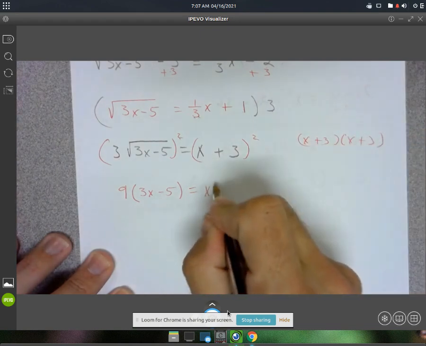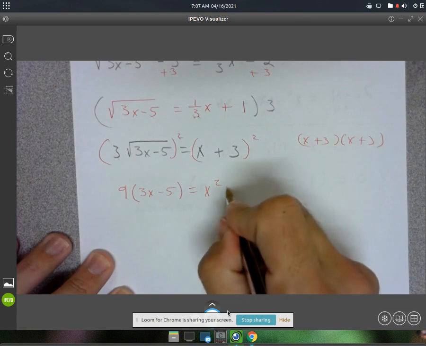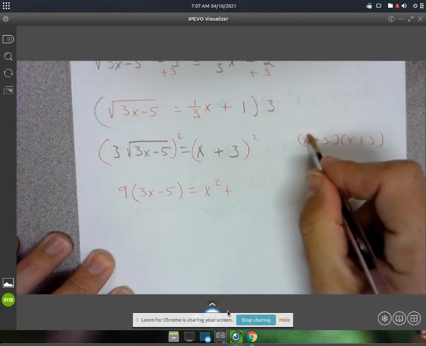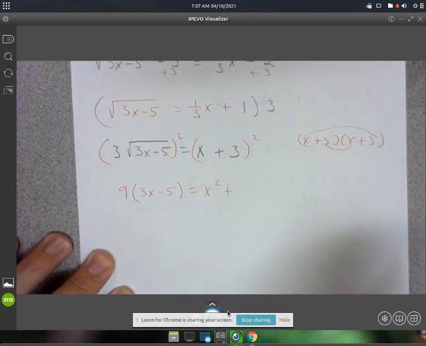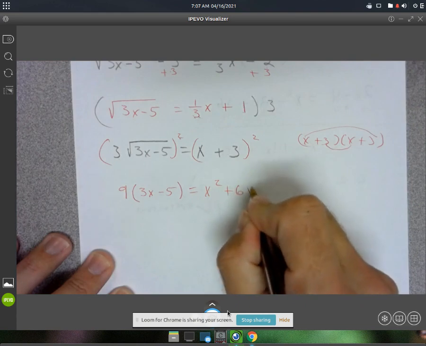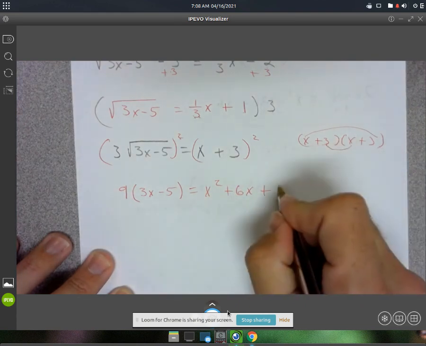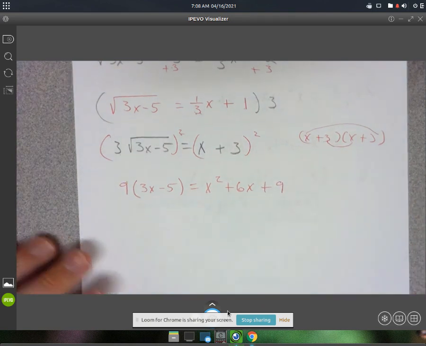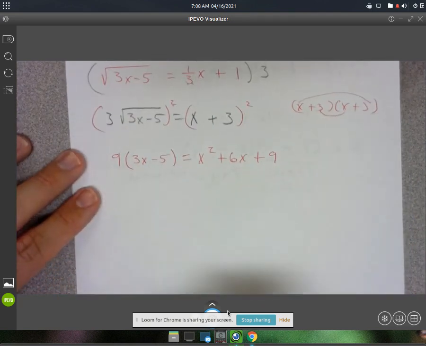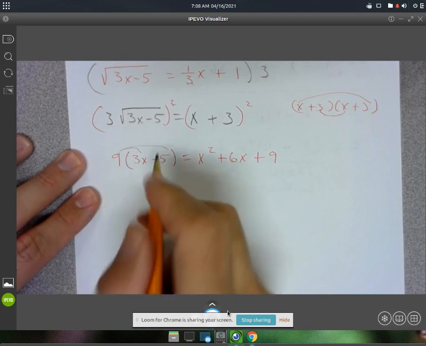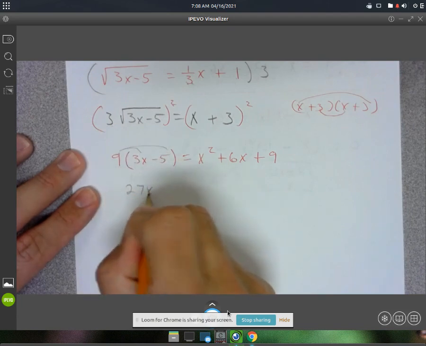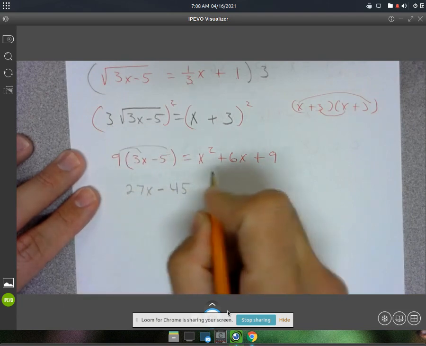So this is going to be x squared plus 3x and then another 3x. So that's going to give me 6x. And then 3 times 3 will be a positive 9 there. A little distributive property here. You get 27x minus 45.